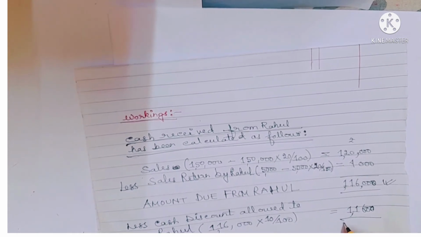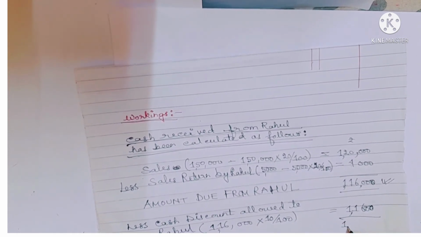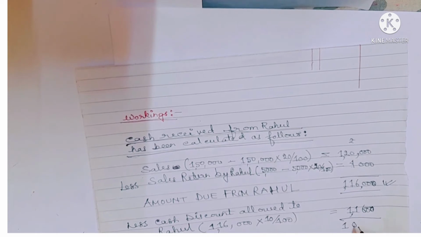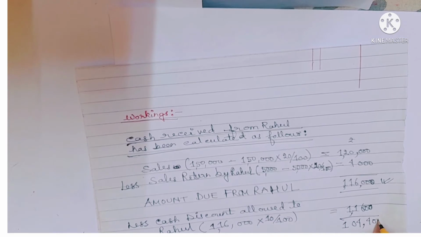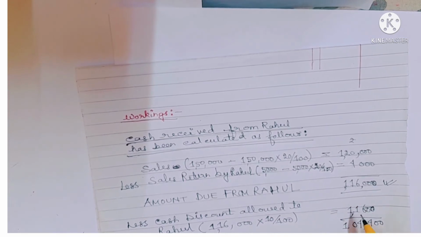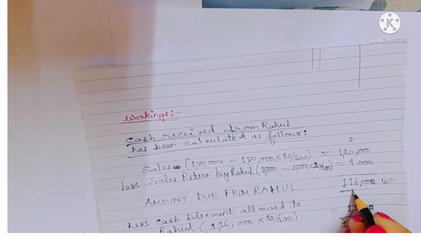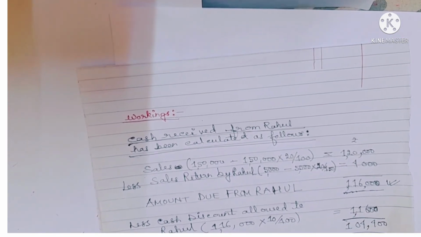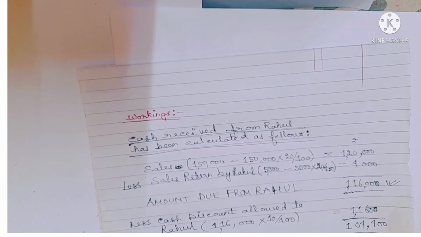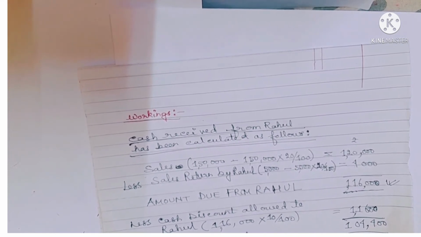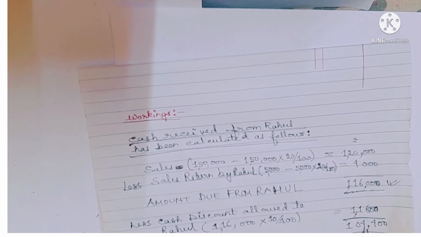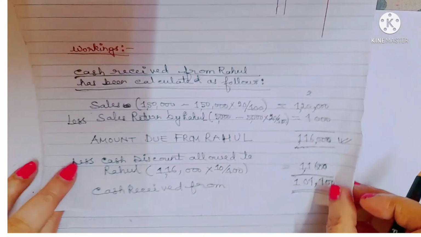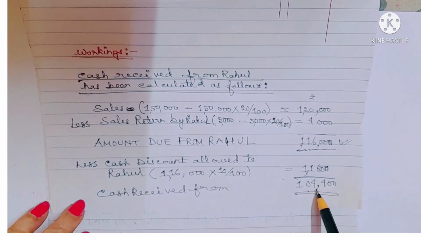Deduct this, then it comes to 1,04,400. Okay. So, cash received from Rahul. This is the final amount we are receiving from Rahul.